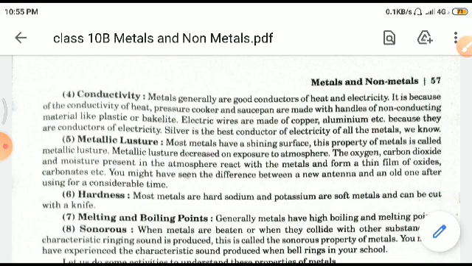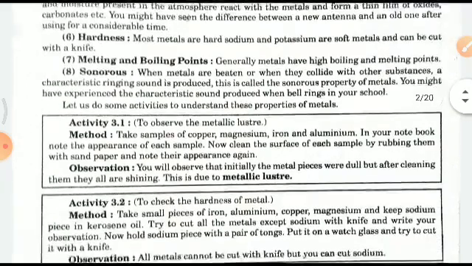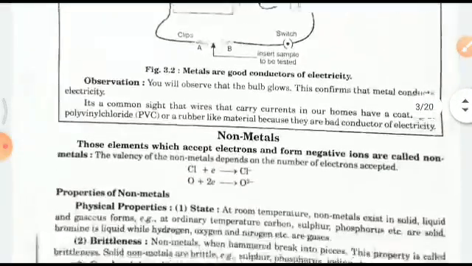Then hardness. Most metals are hard. Melting and boiling points: they have high melting and boiling points. And sonorous means that they produce sound when being hit upon. They collide with other substances to produce sound. That is called sonorous.